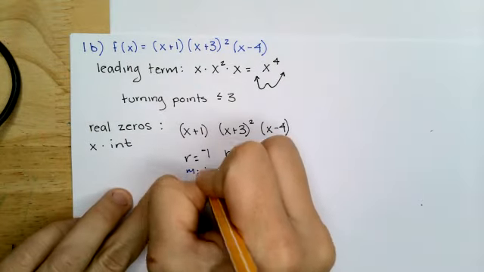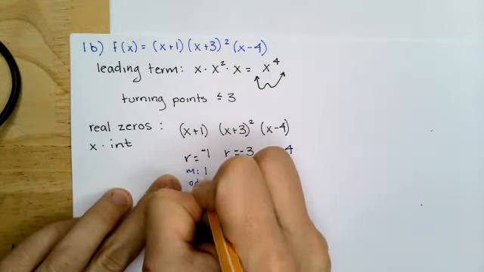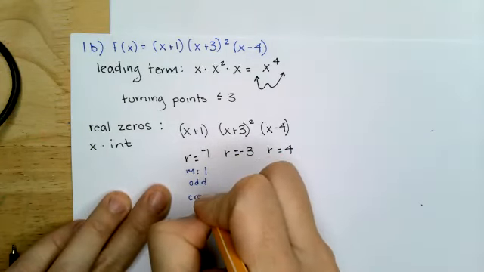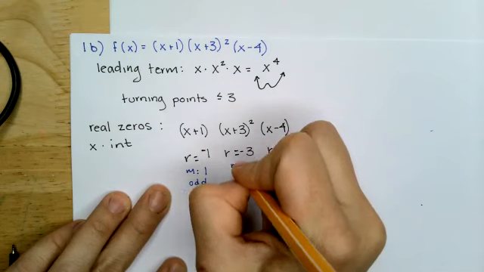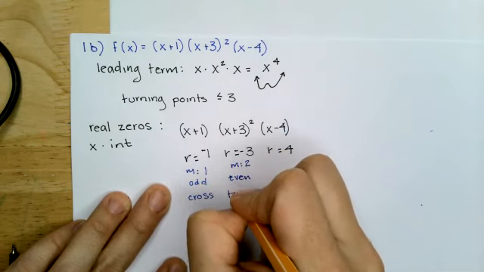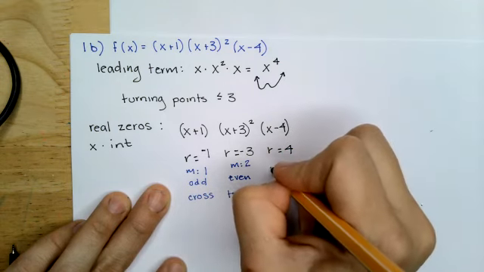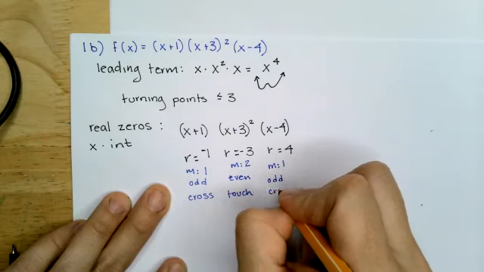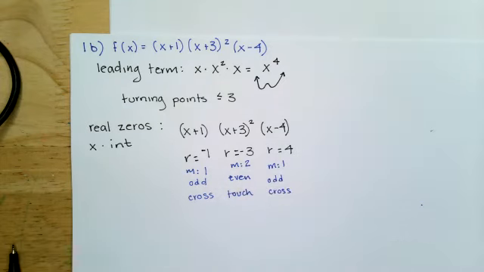-1 has a multiplicity of 1. That's an odd multiplicity. Think of an odd exponent. It's just going to cross, right? This has a multiplicity of 2. That's an even multiplicity, so it's going to touch the x-axis. And then this is, again, an odd multiplicity, so that's going to cross the x-axis.